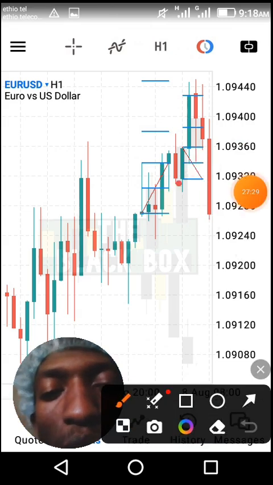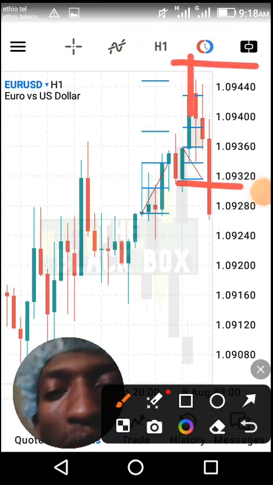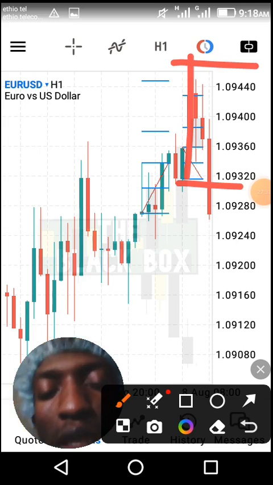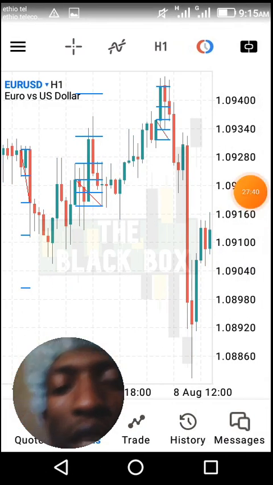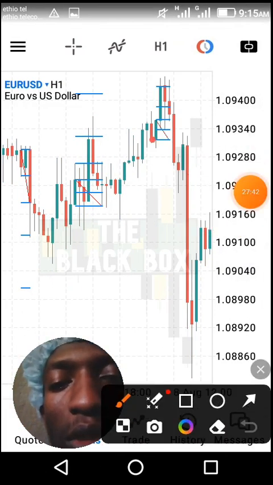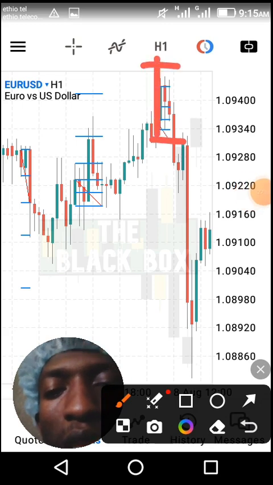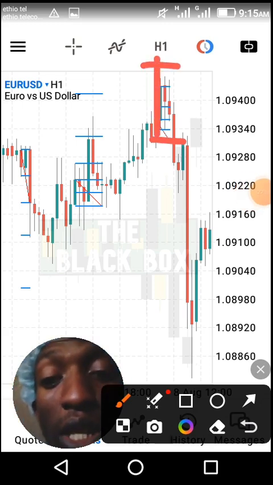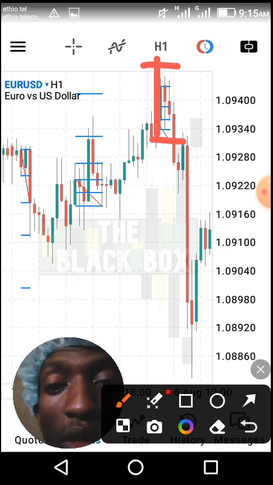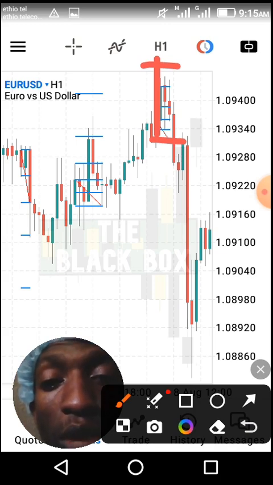So this one said, remember this one, put it in your brain. This stop loss and this stop loss, they are not the same. This is small, right? This is smaller than the previous one. Why? Because it is zoomed out.